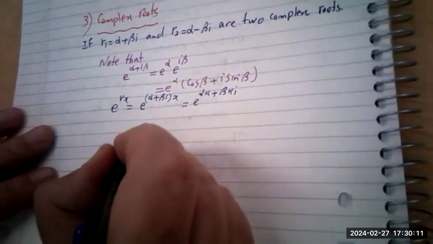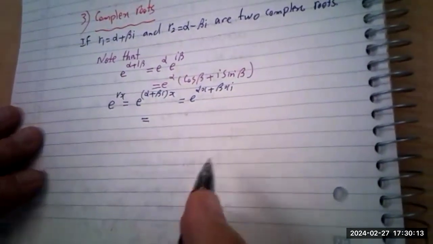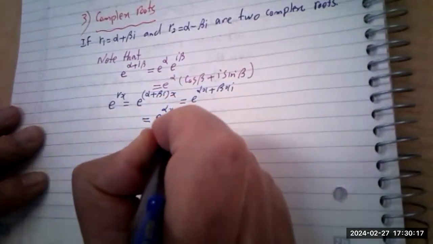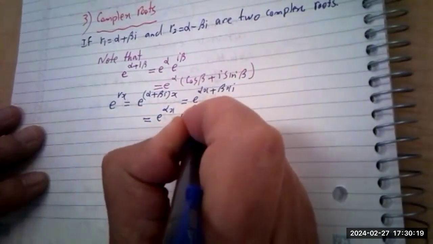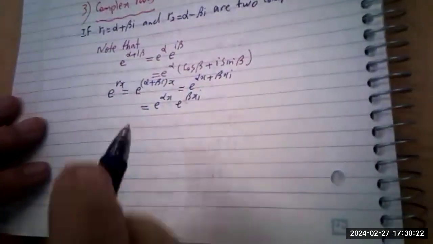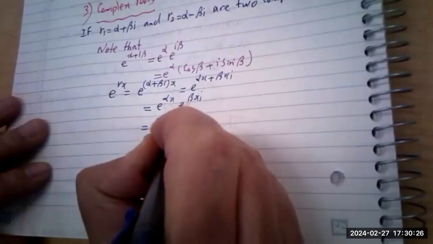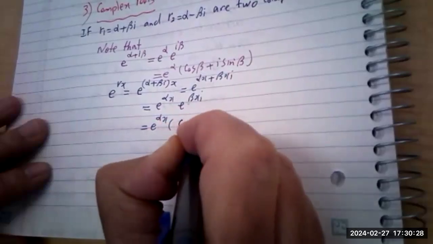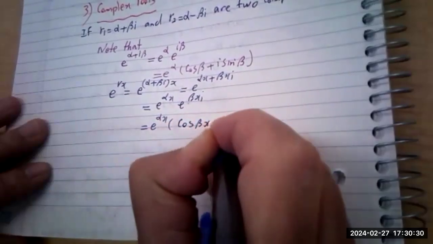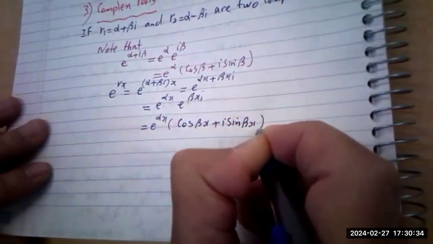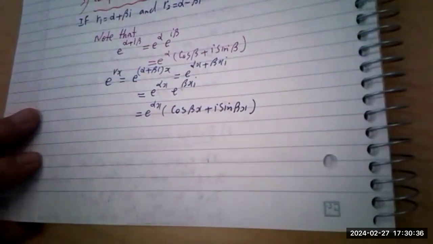Break it like I did for the other one. That gives you e to the alpha x times e to the beta x i. Use the Euler formula, so that gives you e to the alpha x times cosine of beta x plus i times sine of beta x. That's going to be the situation we have.